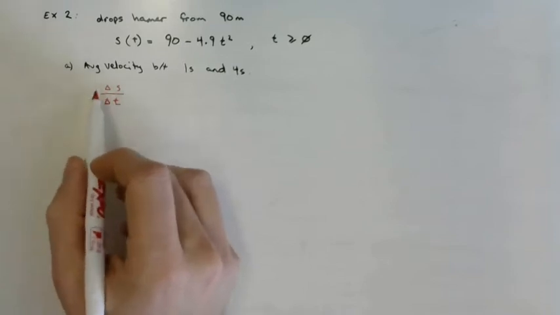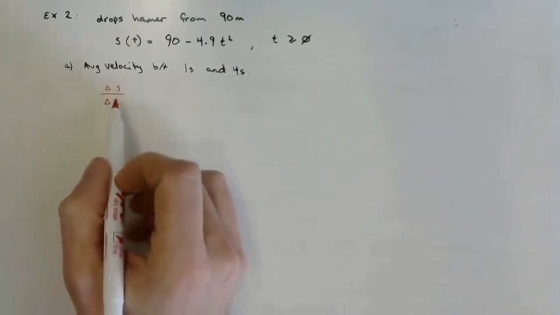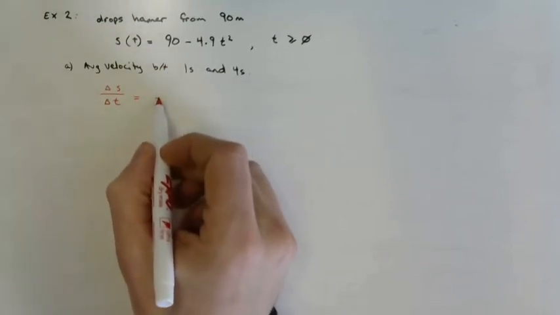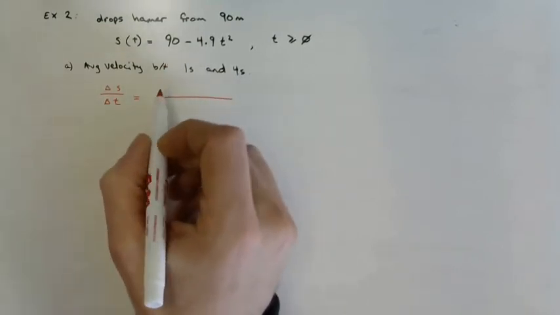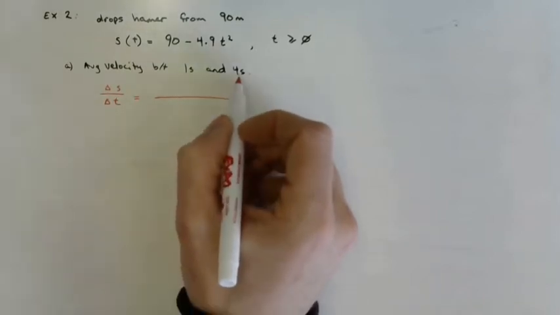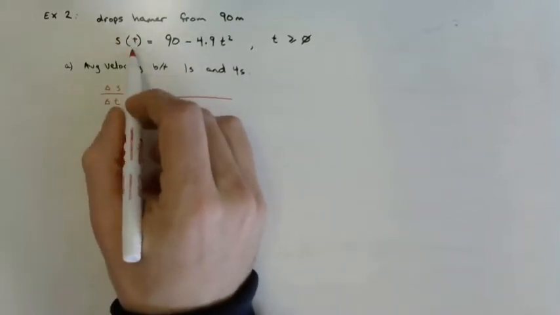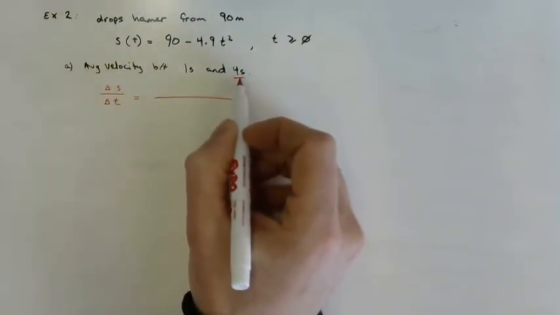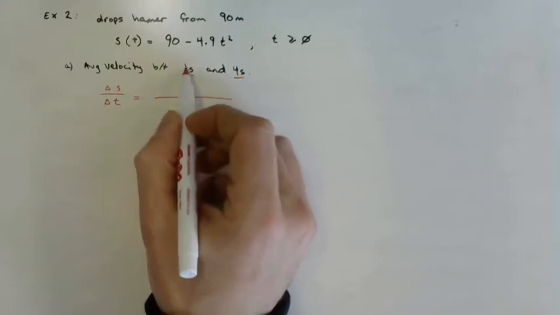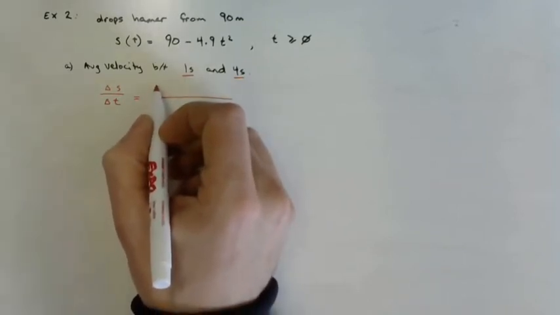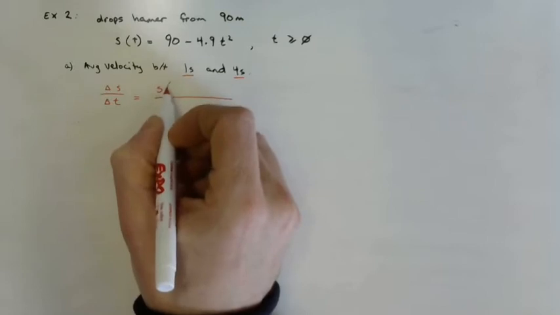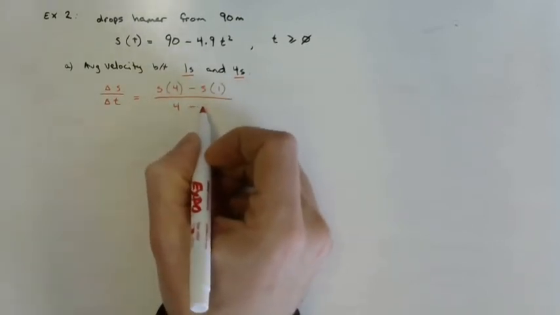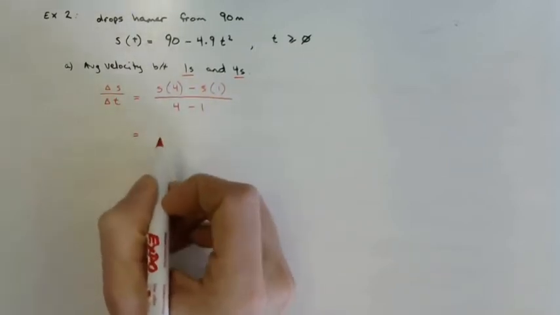Okay, so it's basically the slope of a secant line. So we're finding the point in the numerator. We are taking our height when t is 4 seconds, and then subtracting the height when it's 1 second. So all we do is we sub it in, s of 4 minus s of 1 over the change in time, which is 4 minus 1.